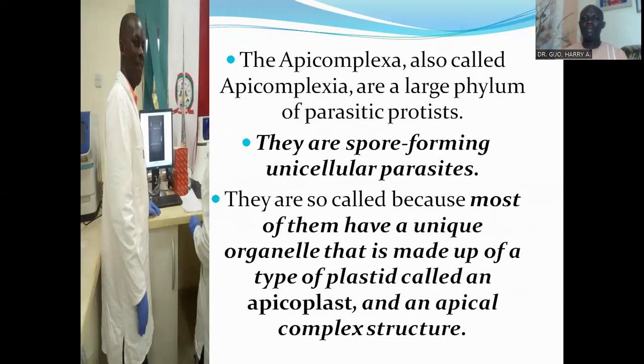They are spore-forming, unicellular parasites, and they are so called because most of them have a unique organelle made up of a type of plastid called an apicoplast and an apical complex structure. They possess a structure known as the apicoplast, and that's the source of the name Apicomplexa.